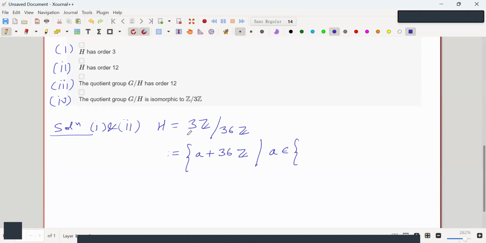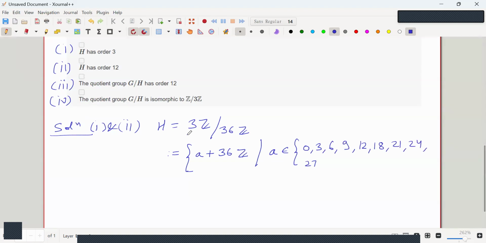But now we need to choose elements from 3Z, not from Z. So they should be of the form 0, 3, 6, 9, 12, 18, 21, 24.